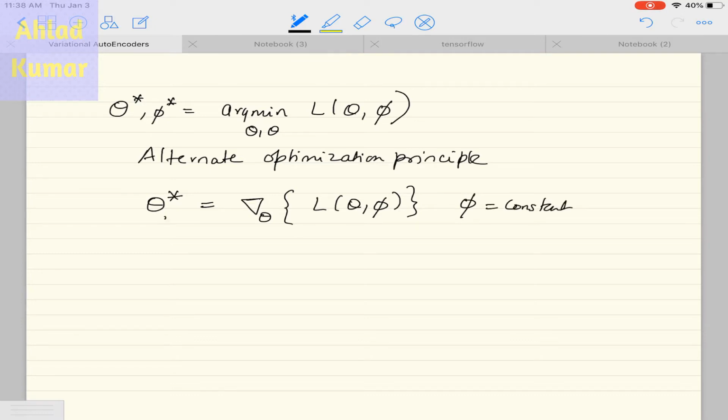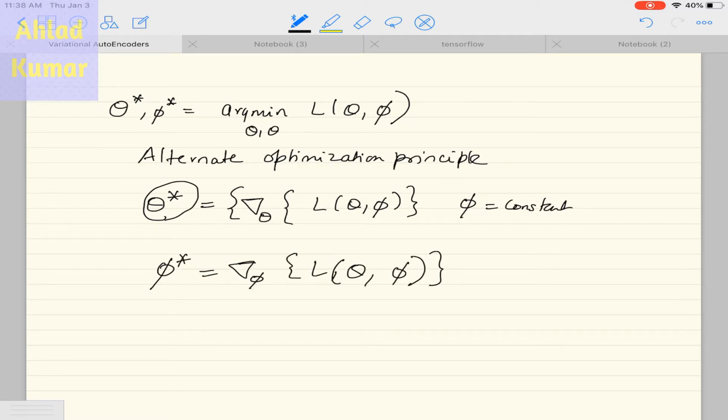Whatever value of theta star comes out of this result will be fed into another optimization scheme in which you find the optimal value of phi. In that case you take the derivative with respect to phi, but the value of theta that you put in this loss function comes from the previous step.